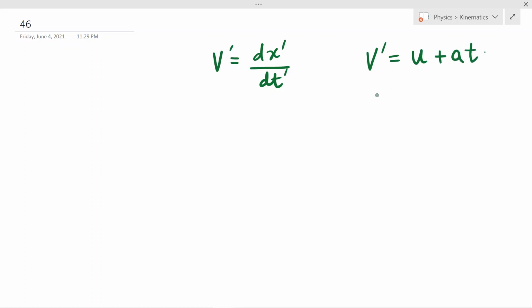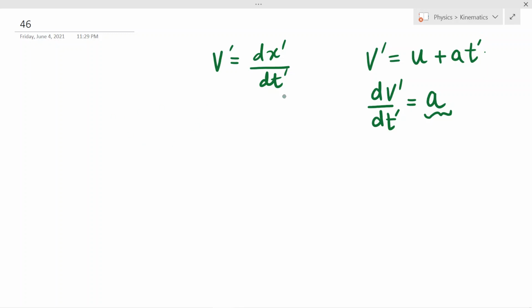Now if I take a derivative with respect to time, this is constant, so this will be 0, and this will be a. So it is nothing but the acceleration, the constant acceleration with which the object is performing the motion. Now it will be with respect to t dash over here.